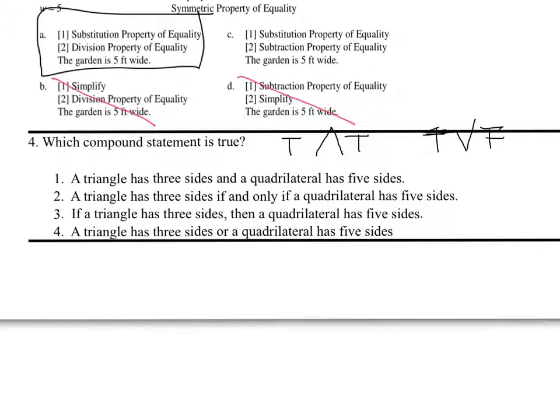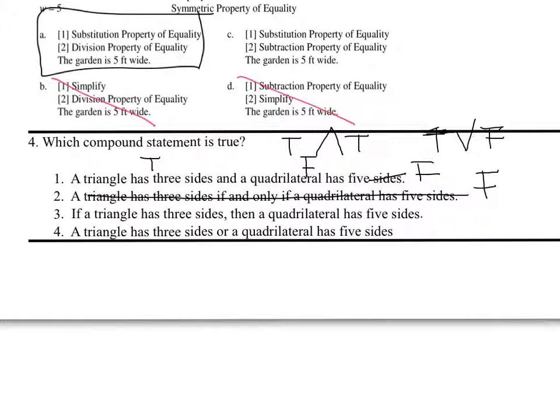Let's evaluate these. A triangle has 3 sides and a quadrilateral has 5 sides. We know that this part is true, this part is false. So this statement is false. The next one, a triangle has 3 sides if and only if a quadrilateral has 5 sides. Well, that's also false, because the second part is still false.